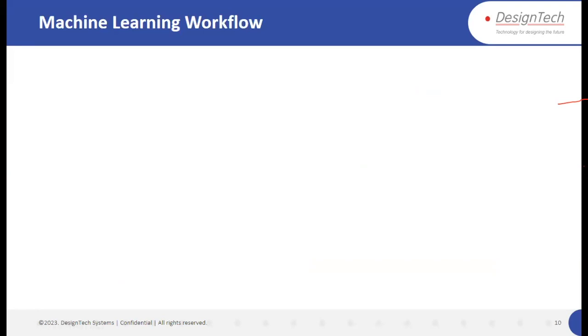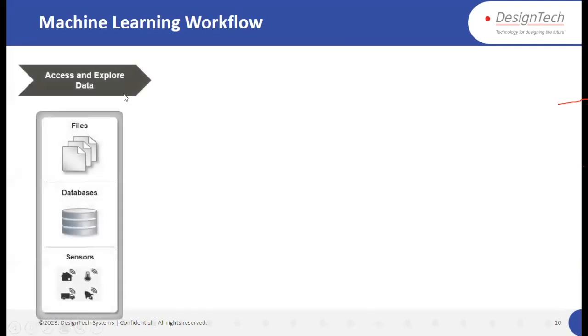Now we are going to see the workflow you use if you are going to build an AI model. You can use any type of software to build your AI model, but generally you will always follow this workflow. What is the first step? Accessing and exploring the data. First you need to import your data into your software.